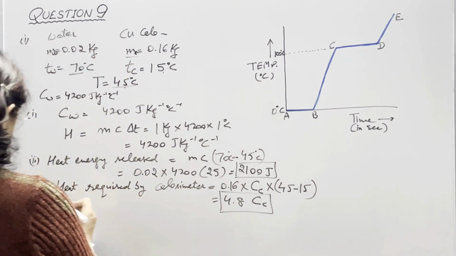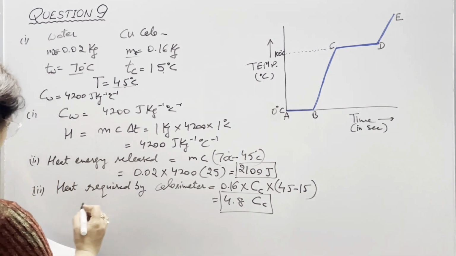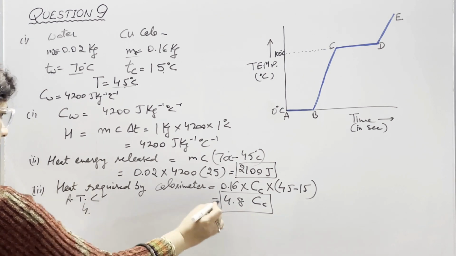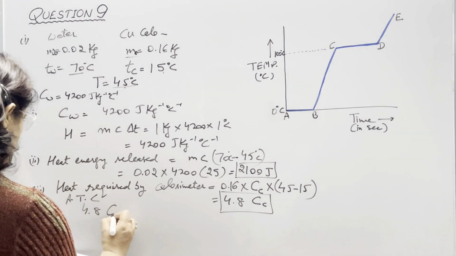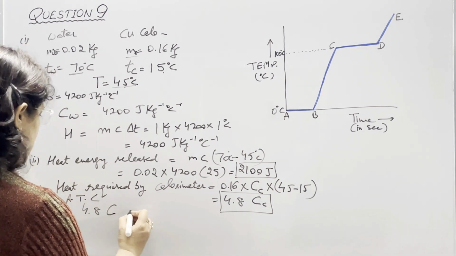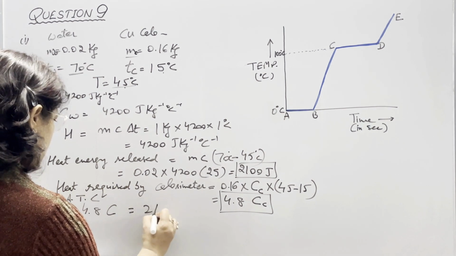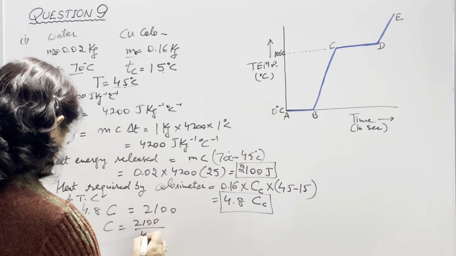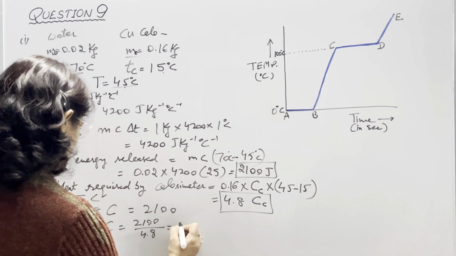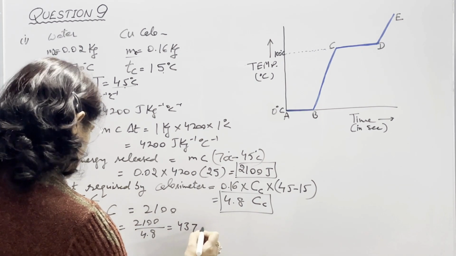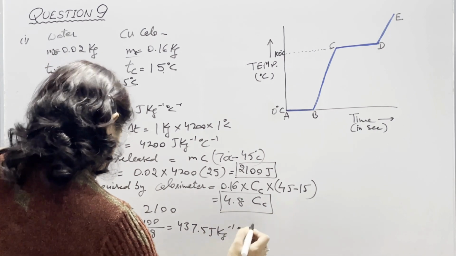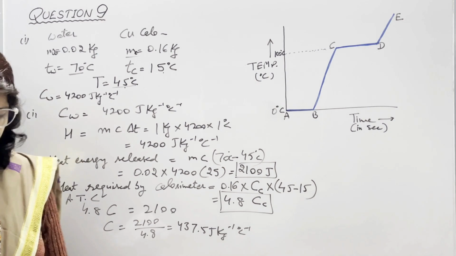So according to the principle of calorimetry, 4.8 into C, the specific heat capacity of calorimeter, is equal to 2100. So C is equal to 2100 divided by 4.8 and the value comes out to be 437.5 joule per kg per Kelvin or degree Celsius.